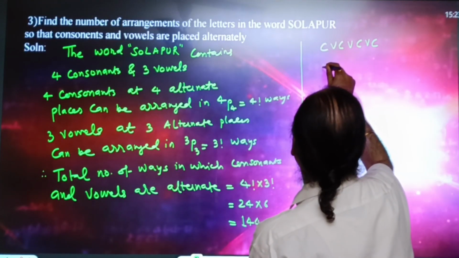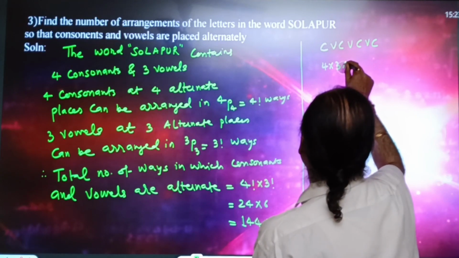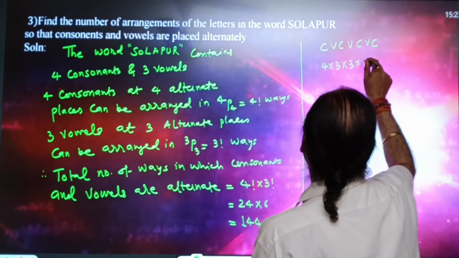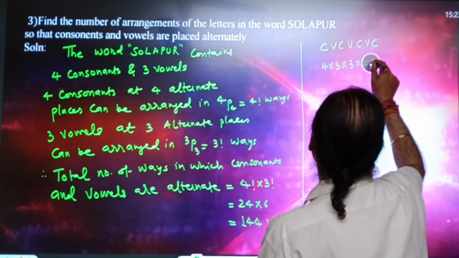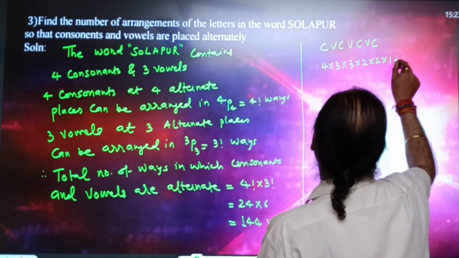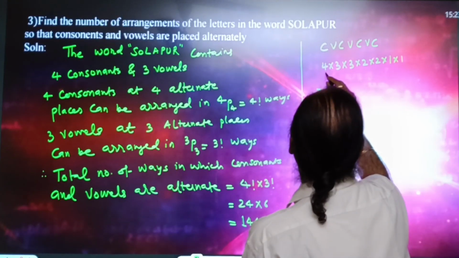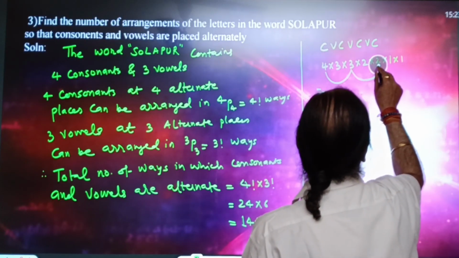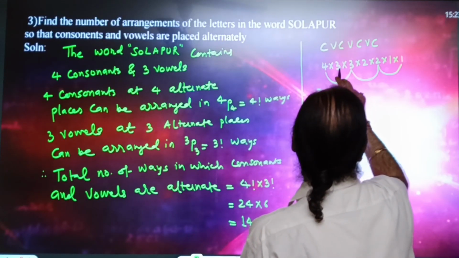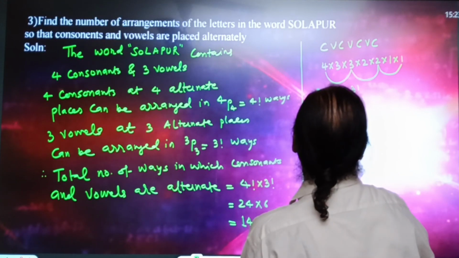First consonant can be arranged in 4 ways, first vowel 3, second consonant 3, then second vowel 2, third consonant 2, third vowel 1, fourth consonant 1, which is 4 into 3 into 2 into 1, giving 4 factorial. Then the remaining 3 into 2 into 1 gives 3 factorial.